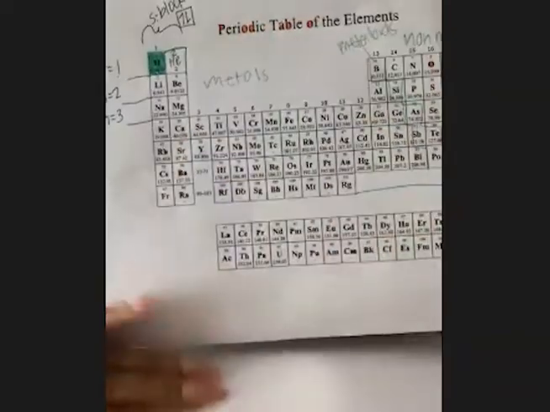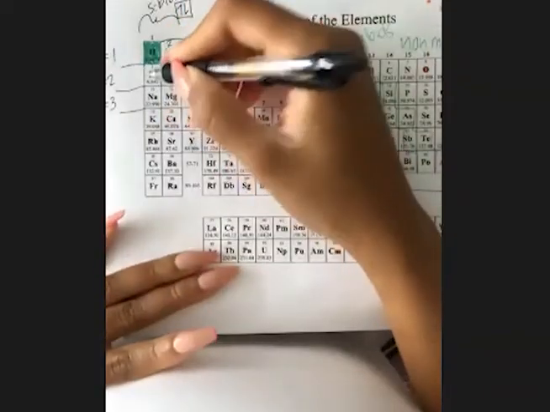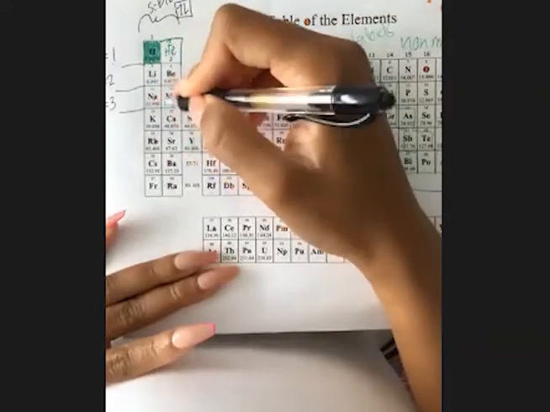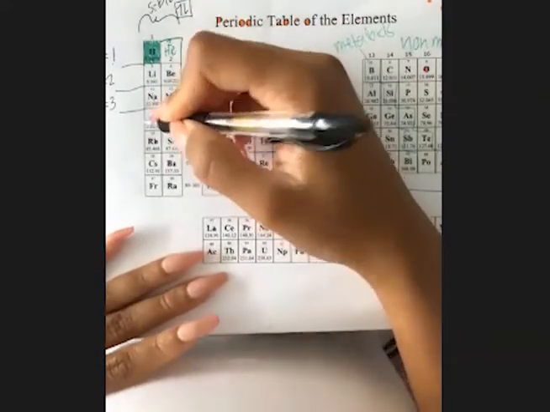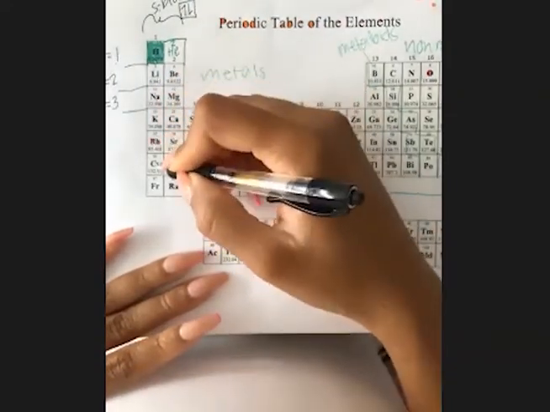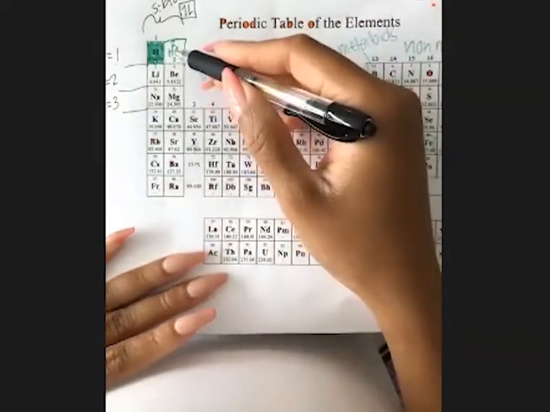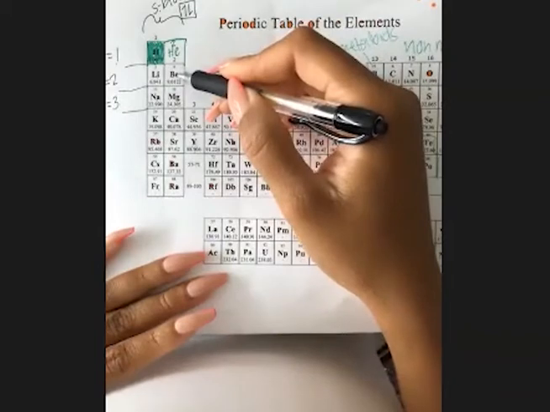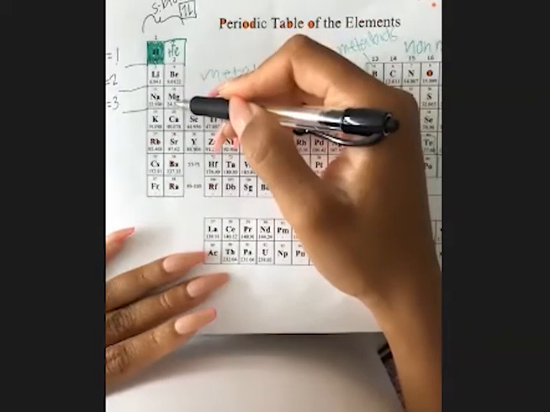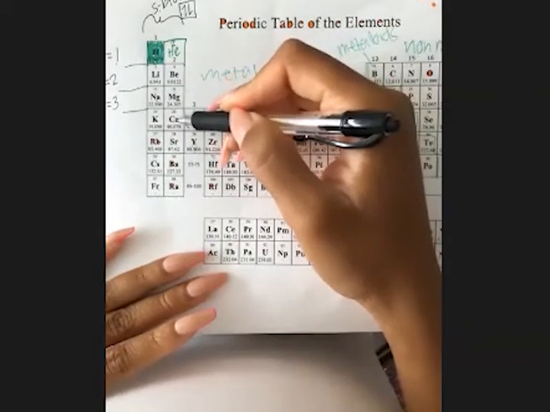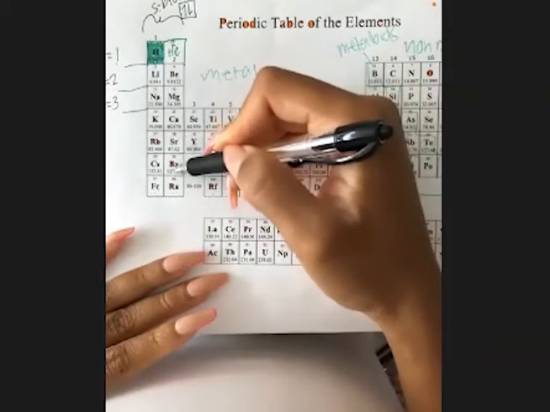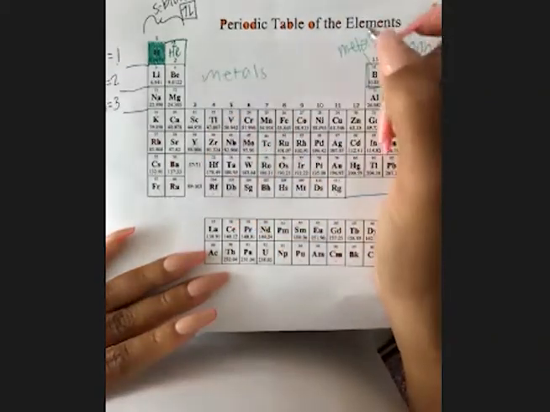So lithium is gonna be 2s1, sodium's gonna be 3s1, potassium's gonna be 4s1, this is 5s1, 6s1, 7s1. When we get to helium, it's 1s2. When we get to beryllium, it's 2s2. Magnesium is 3s2. Calcium is 4s2, 5s2, 6s2, 7s2.